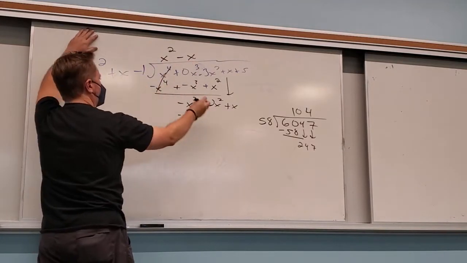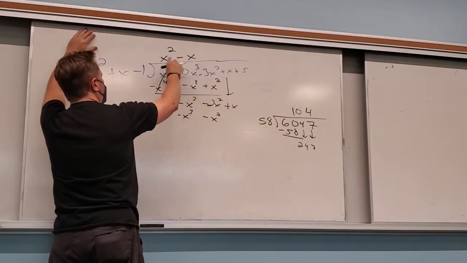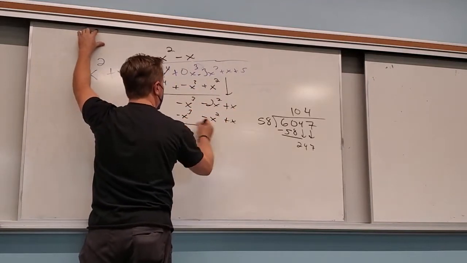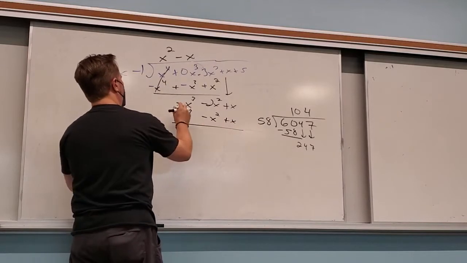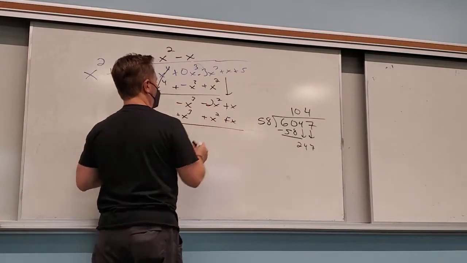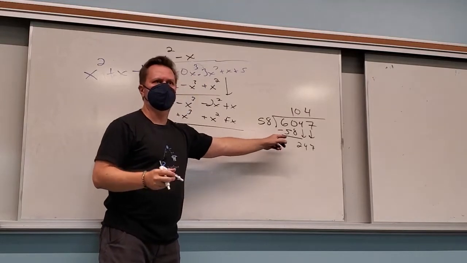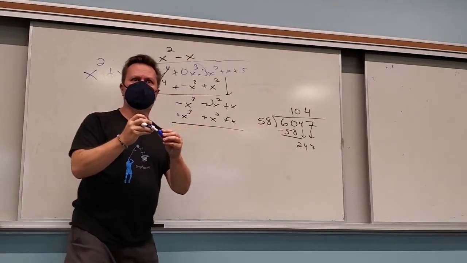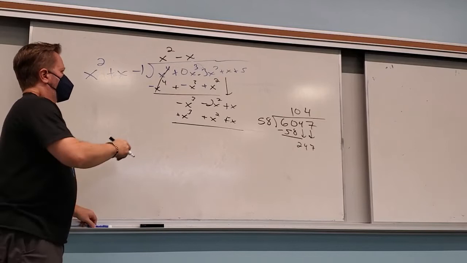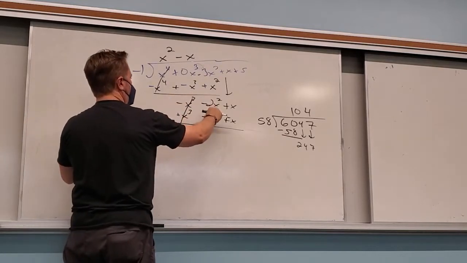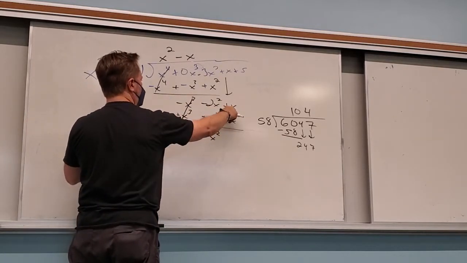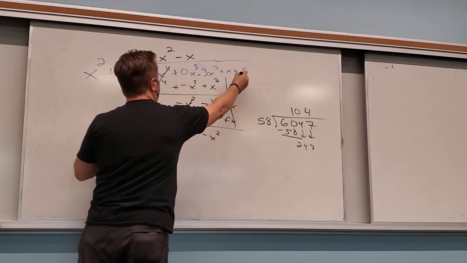Negative x times x is minus x squared. Negative x times negative 1 is plus x. And then I change the sign, again the same way we do with regular long division. These cancel. This is negative x squared, and these cancel. Neato. Bring down the 5.